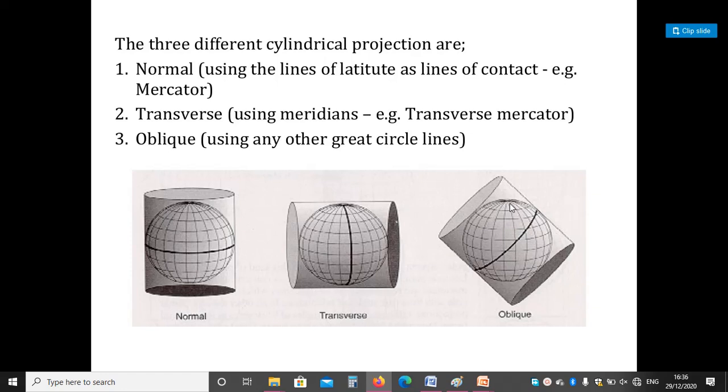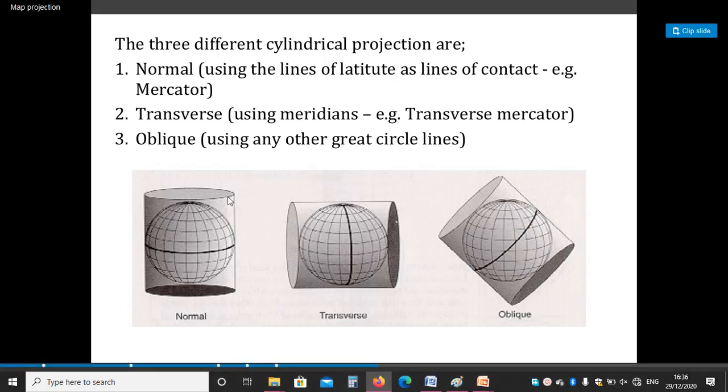If you cover the paper normally, using lines of latitude and longitude, this is an example.